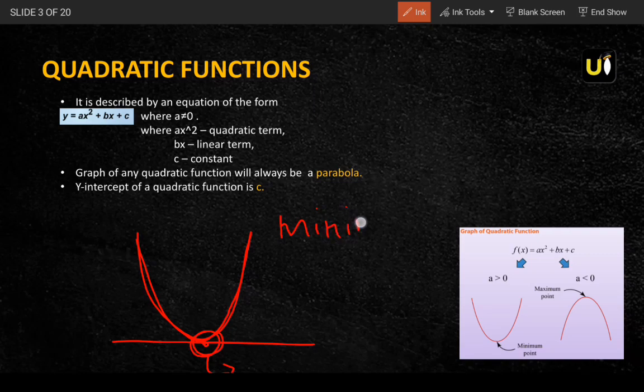For the graph to be an upward parabola, the coefficient of the quadratic term must be greater than 0. If the quadratic term's coefficient is less than 0, then the graph will be a downward parabola. That means this point, the highest point, called the vertex of the parabola, will be the maximum.